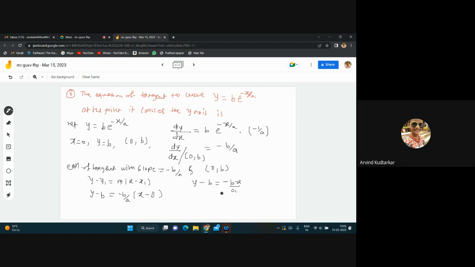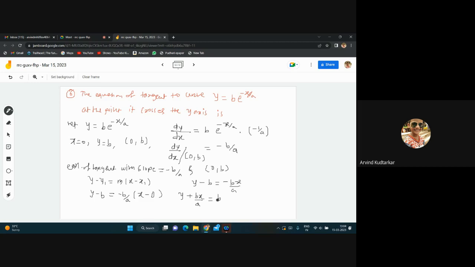Dividing throughout on both the sides by b, and interchanging the terms, when we exchange the terms, we get y, minus bx by a shifts to LHS and becomes plus. So plus bx upon a is equal to b.